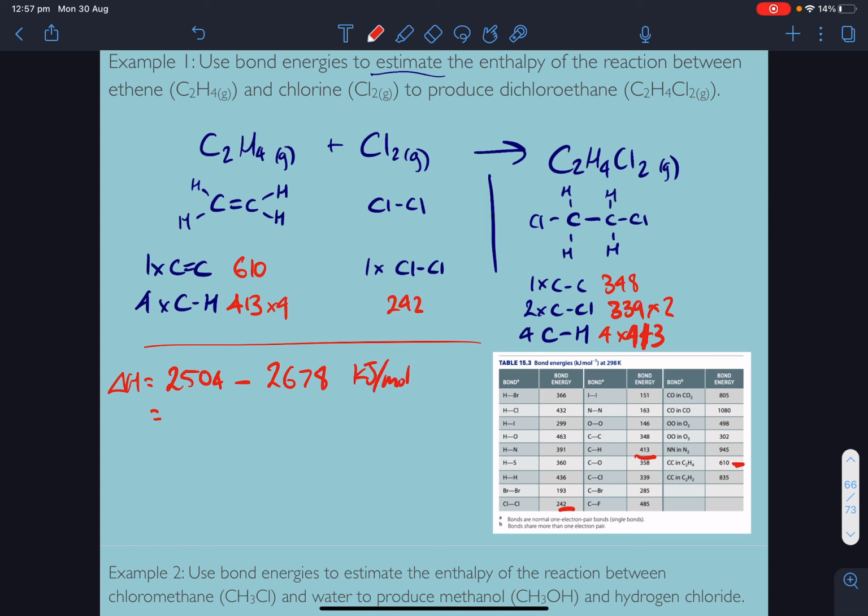So 2504 minus 2678 is negative 174 kilojoules per mole, the enthalpy for that reaction.